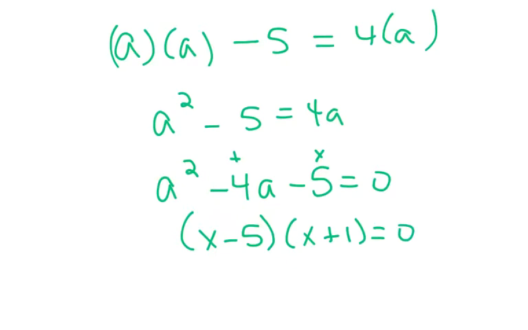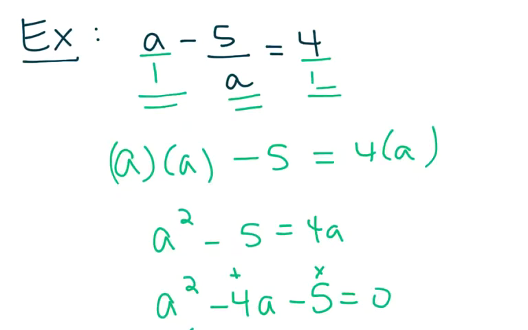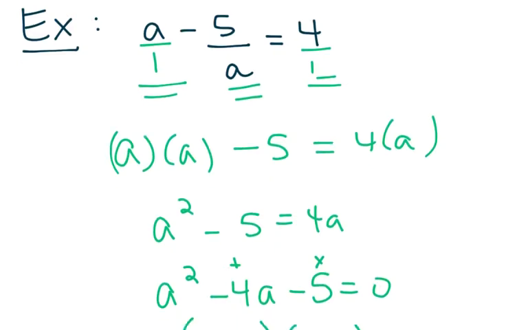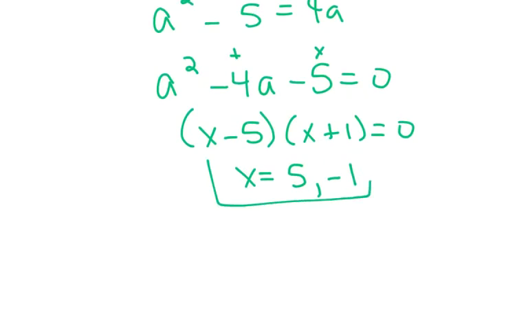So using the zero product property, I'm going to find out that the solutions are 5 and -1. Will either of those answers make any of those three fractions undefined? The answer is no. The only answer that would have made it undefined is if we had gotten a equals 0. So since both of these solutions work, this particular problem has two answers.